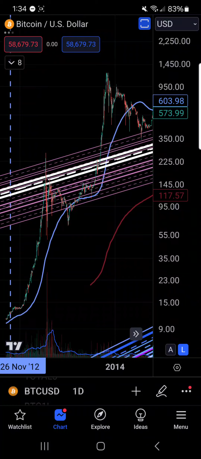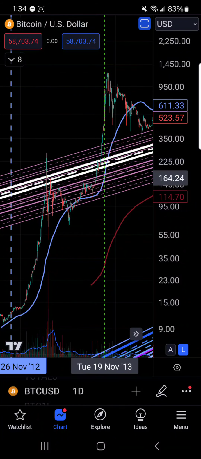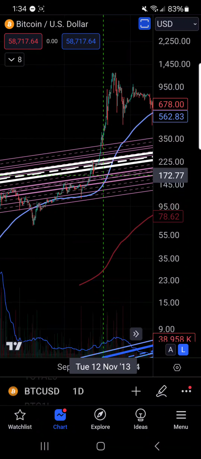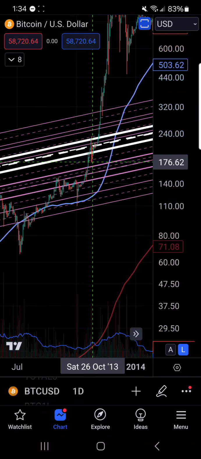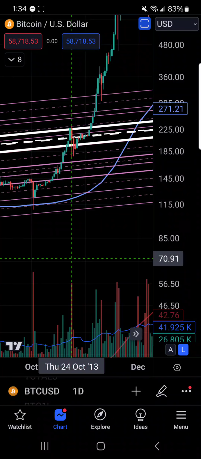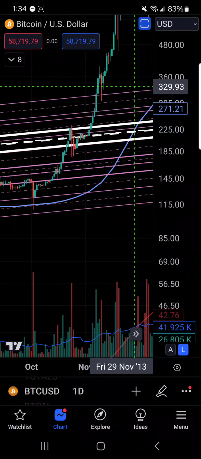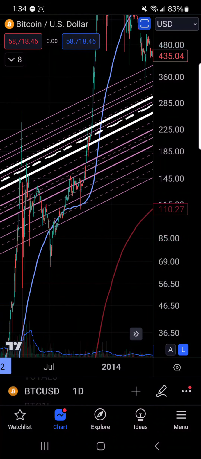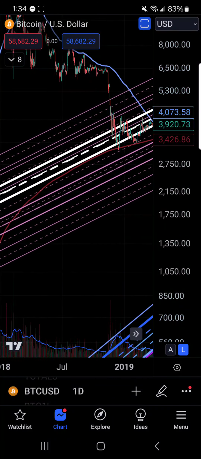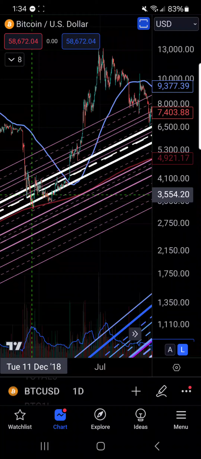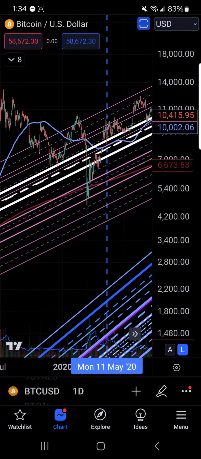Even back here, well, we kind of just shot through it, but there was even a little hang up right to the top of it, the bottom of the center line, and then we broke through and continued our parabolic run. And even here, consolidated within it, boom, began our parabolic run.